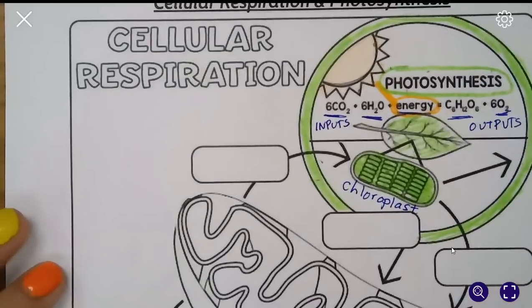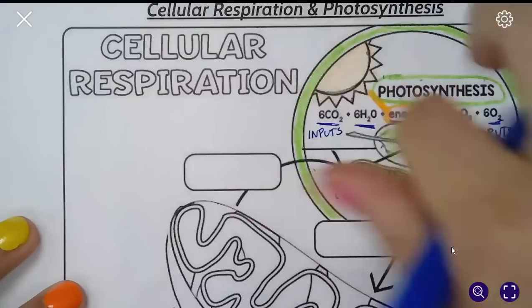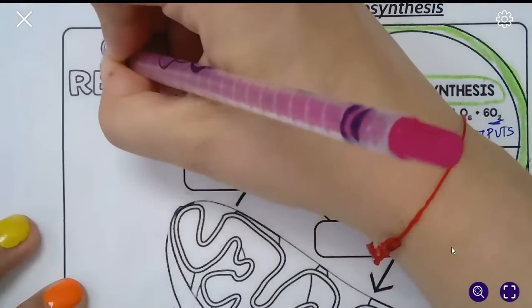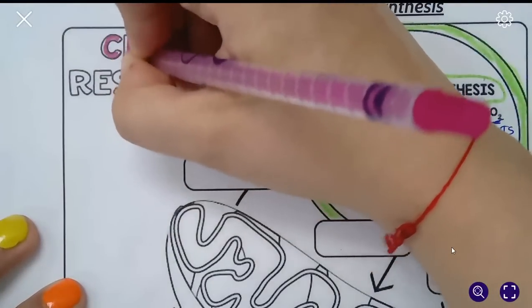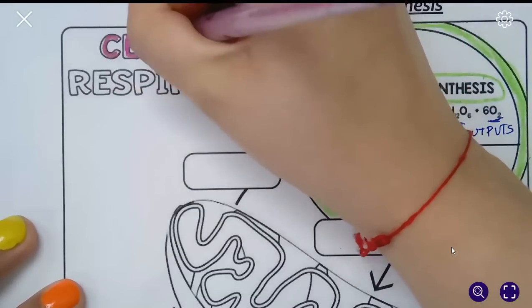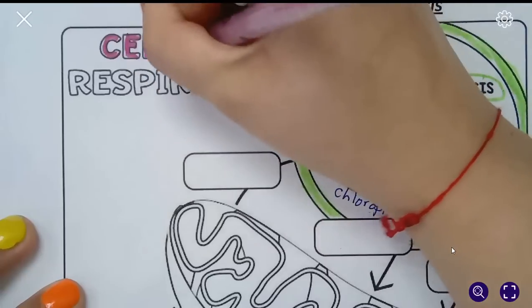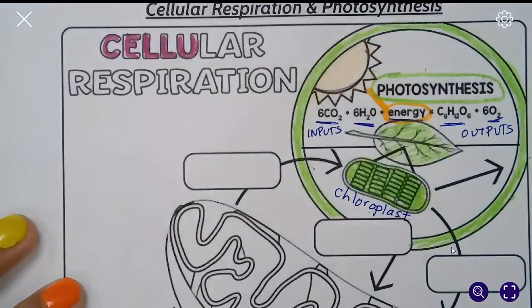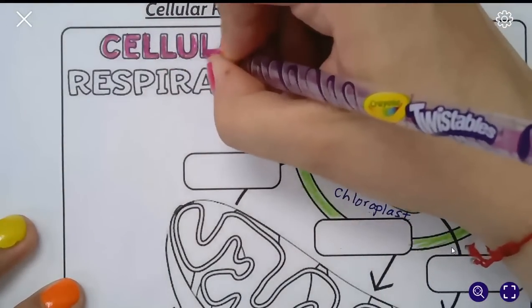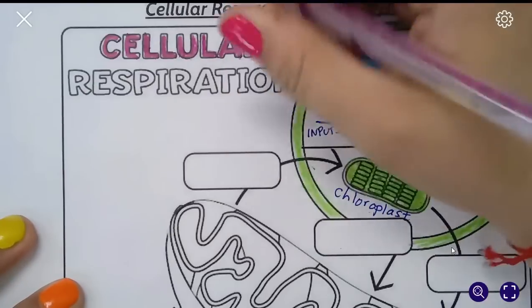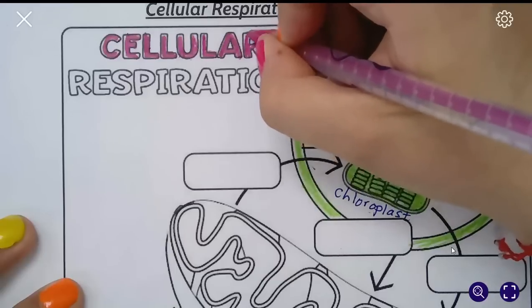And then we're also really going to focus on cellular respiration. So I want you to grab your red and let's just do a little shading in here. So cellular respiration. So we know that our respiratory system is the system that brings in gases that we need, like oxygen, and helps get rid of the gases we don't want too much of, and that's carbon dioxide and water vapor.